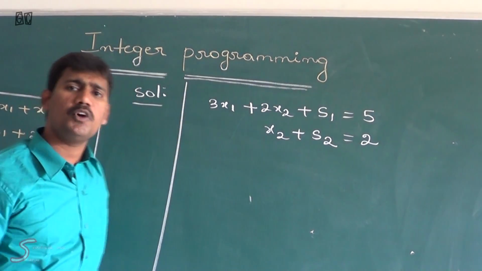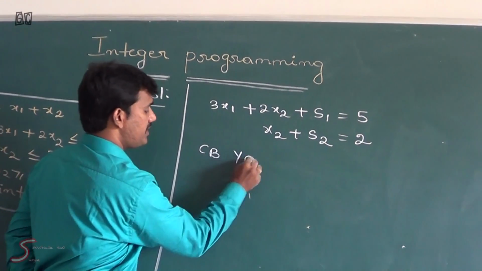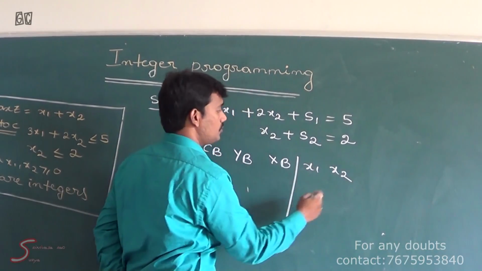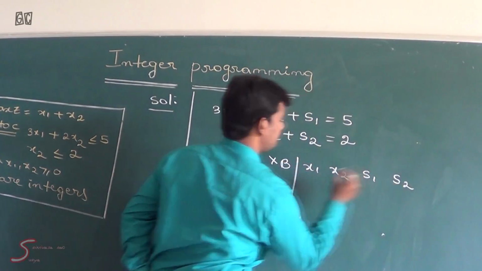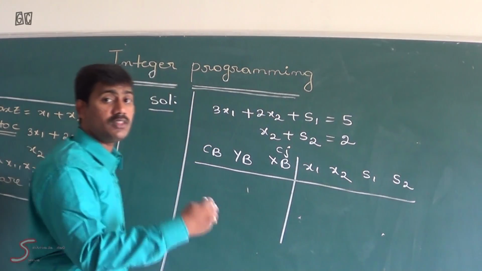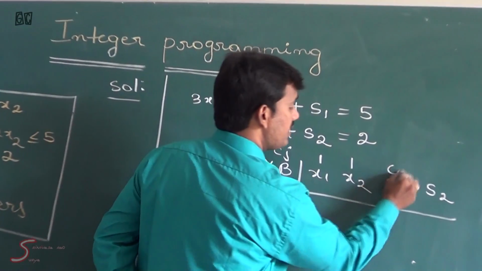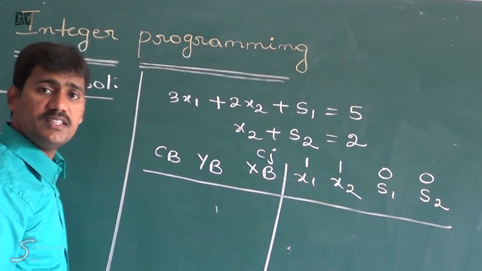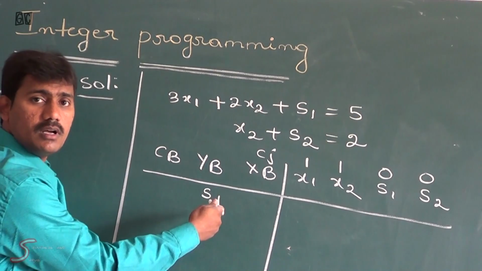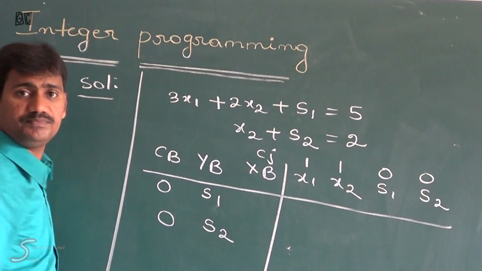So straight away I will move on to the first iteration table. We have the cost of the basic variable cb, yb, xb. We have the variables x1, x2, s1 and s2. And we have the auxiliary function cj, that is the cost of the variables: for x1 we have 1, for x2 also 1, then 0, 0. In the first equation we introduce the slack variable s1, so the cost will be 0, and for the second one we introduce s2, the cost will be 0.